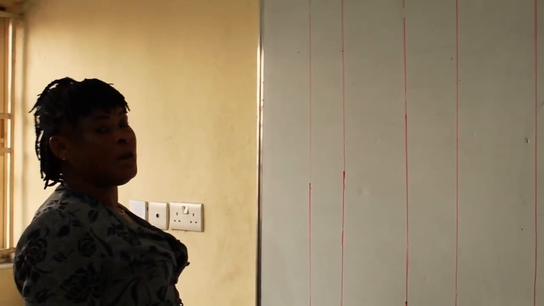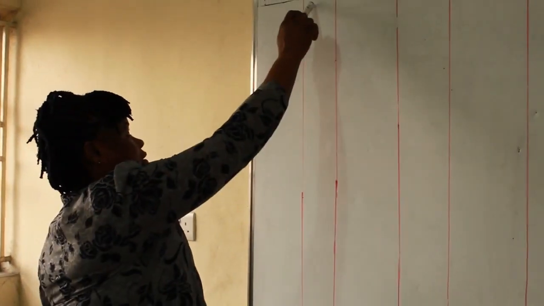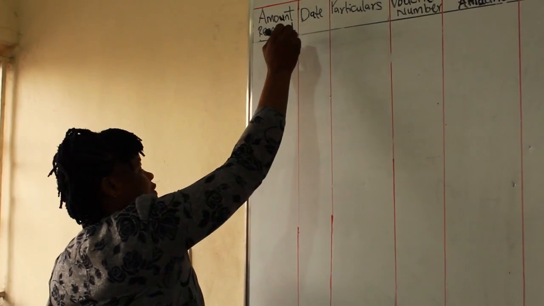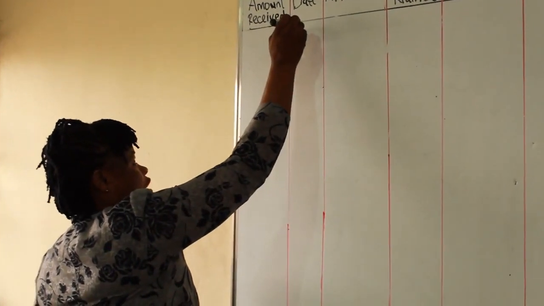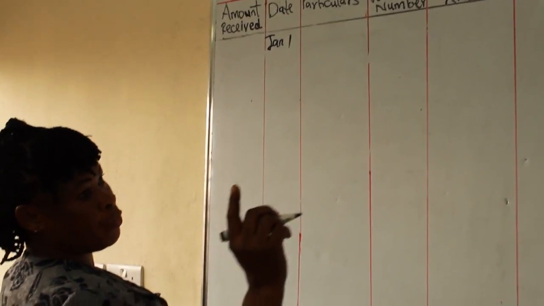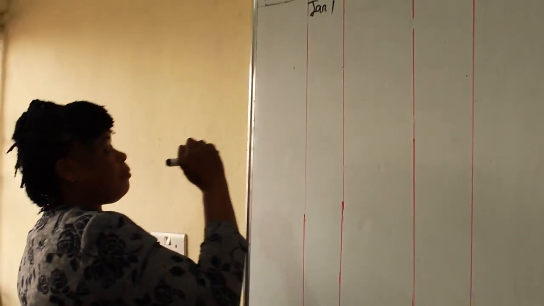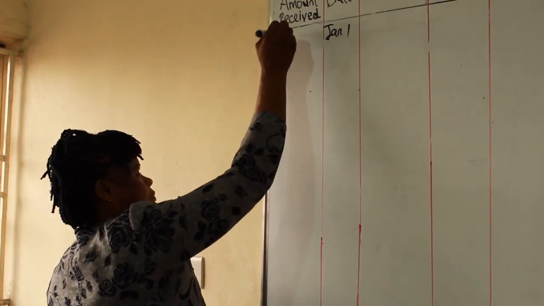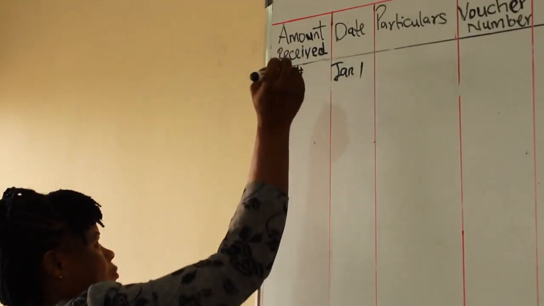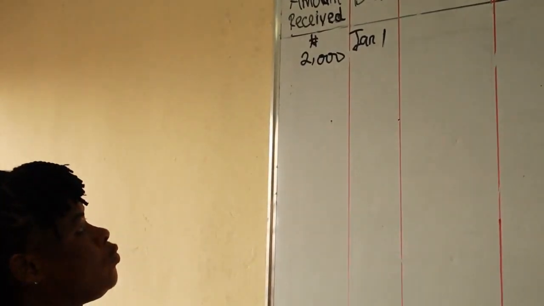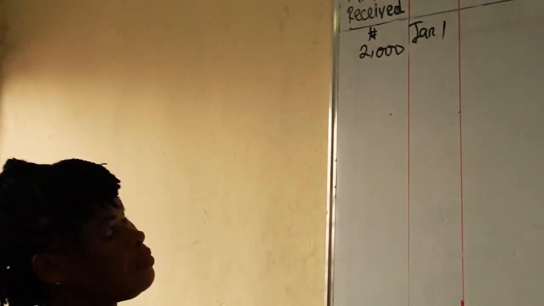And the date, January 1st, will be written here, which means on January 1st, Chike Ama received the amount of 2,000 naira.